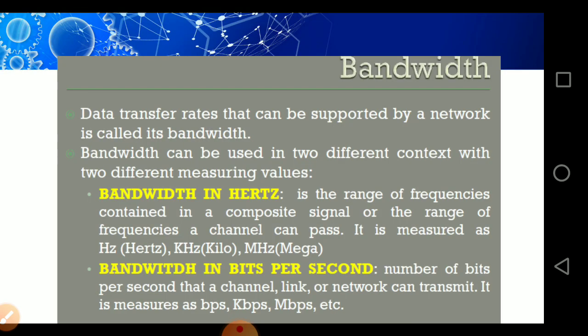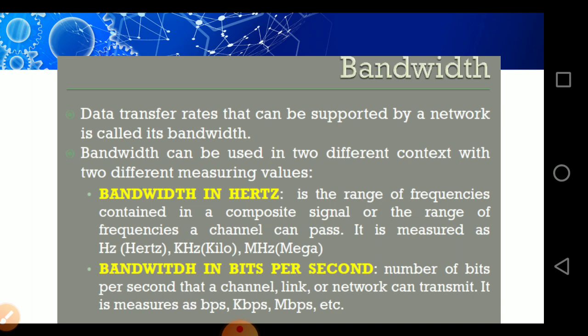So, the next terminology is bandwidth. Bandwidth is used in two different contexts, and it has two different meanings in those contexts. There are two different measuring values. Actually, bandwidth is a measuring value, so the data transfer rates are measured in bandwidth. That is, bandwidth is measured either in hertz or in bits per second.